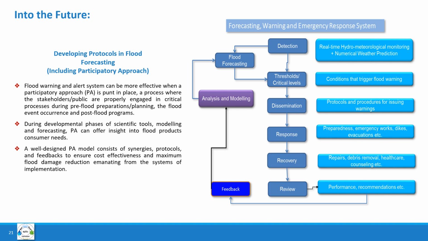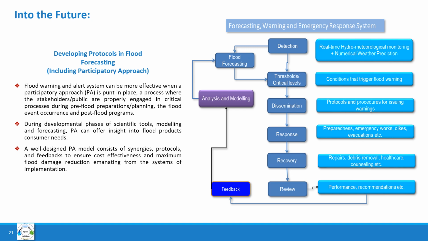Flood warning and alert systems can be more effective when a participatory approach is put in place. This is a process where the stakeholders and the public are properly engaged in critical processes during pre-flood preparations, planning, the flood event occurrence, and post-flood programs.